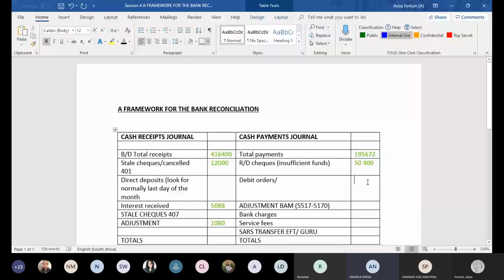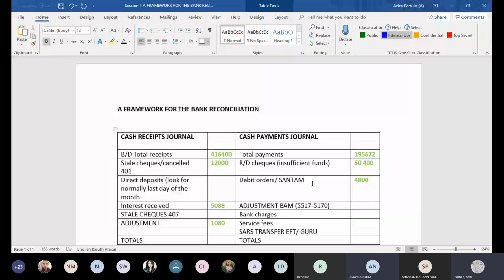And then there's a debit order on the 29th for 4,800. It's Santam Insurance. It doesn't appear on the cash payments journal. Is that a debit order? Yes, the debit order for insurance. Let's just put it here, 4,800.